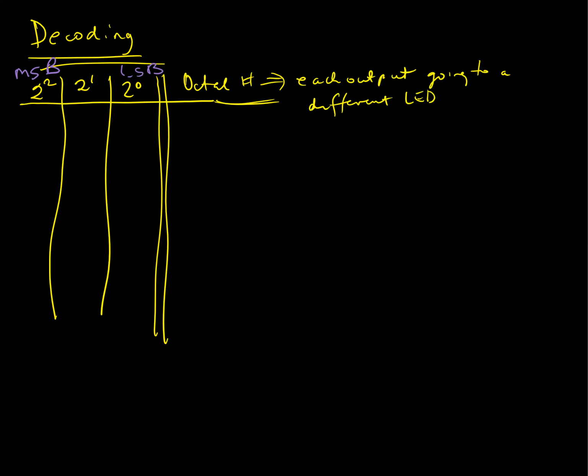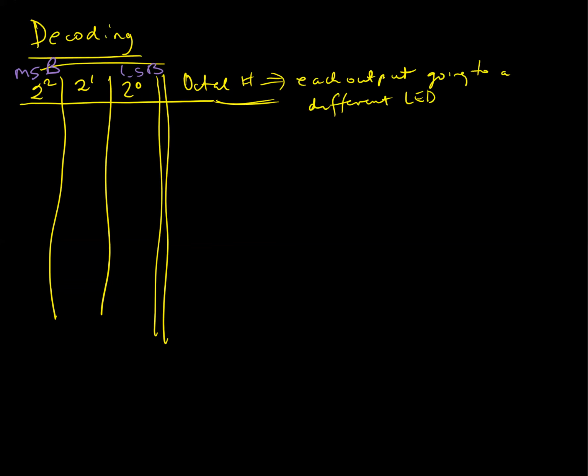Right? So the idea is that we would use switches to input a binary number, and one of 7 LEDs would light up representing that binary number.